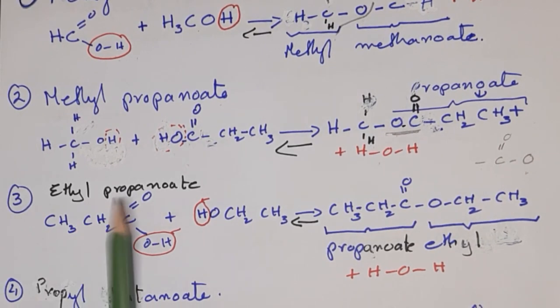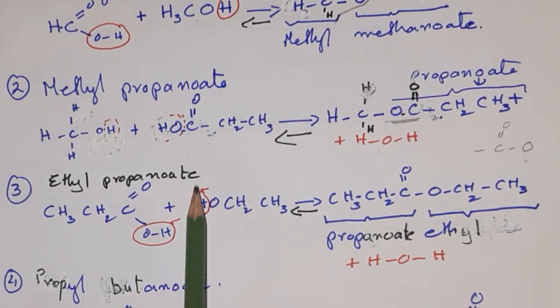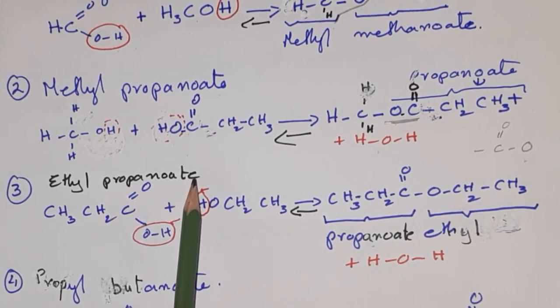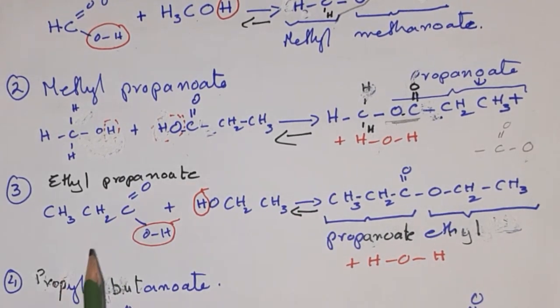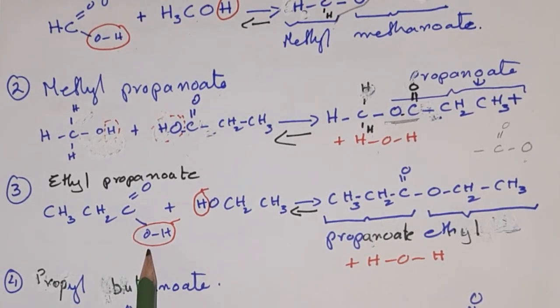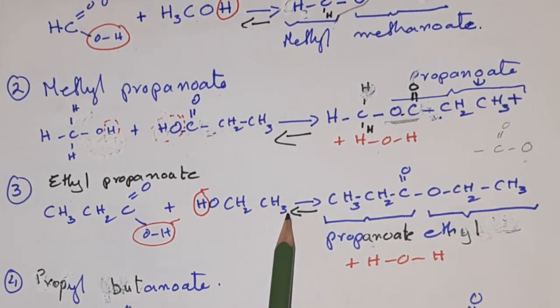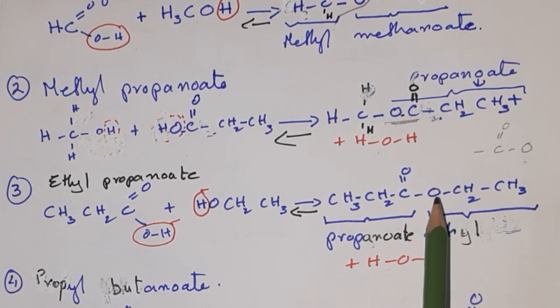Now we have the third one, that is ethyl propanoate. As I've written propanoate, this means it is from the propanoic acid, so I have to write this is the propanoic acid. Ethyl means it is going to be ethanol. So this is ethanol. Hydrogen and OH from here are going to be removed and form water over here.